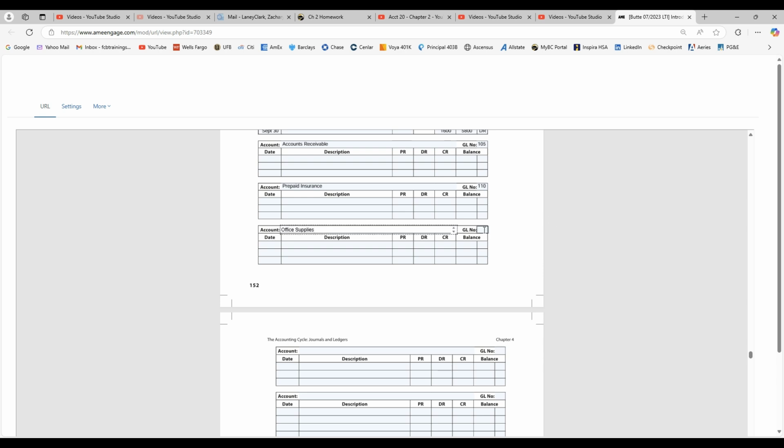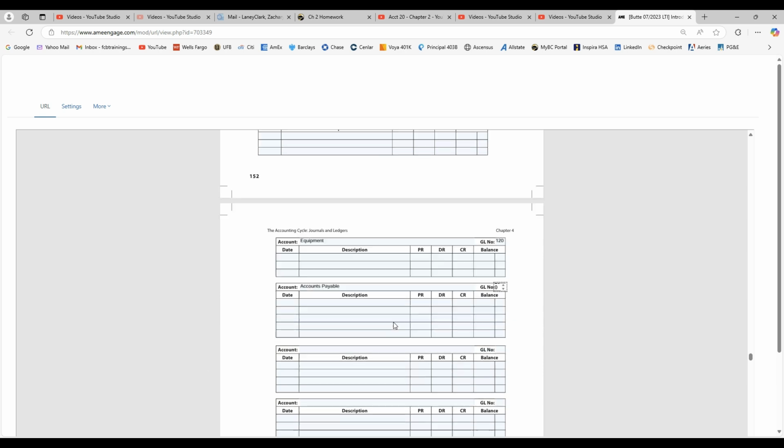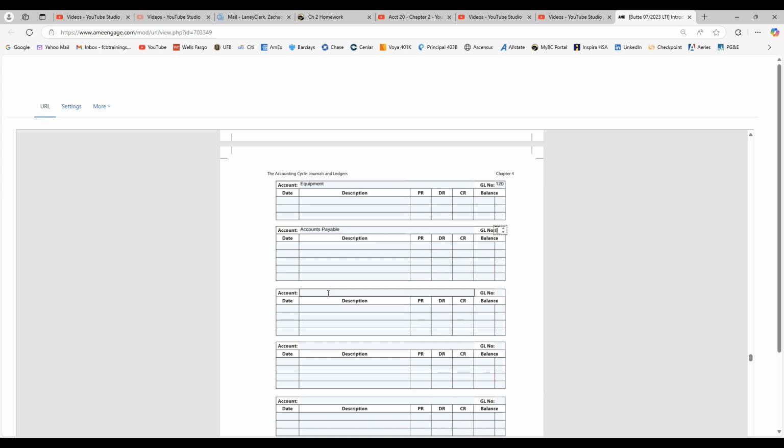Office supplies, account number 115. Equipment, account number 120. Accounts payable is account 200. Unearned revenue, it's account 210.